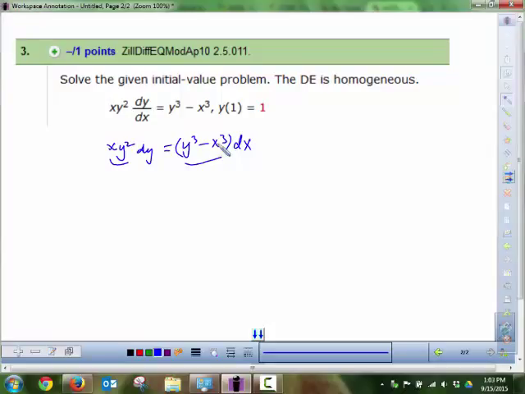So if I take this and put tx in for x, and ty in for y, am I going to get something with a t in it that's factored out?